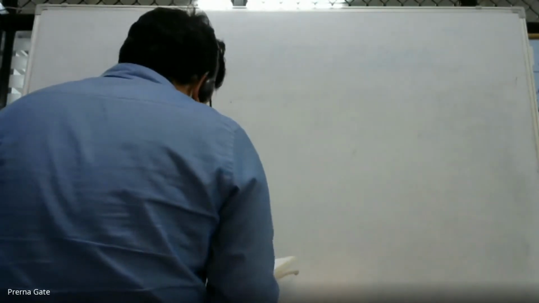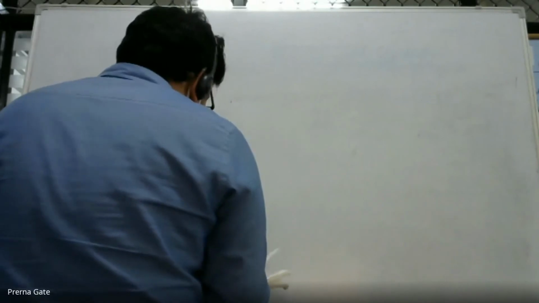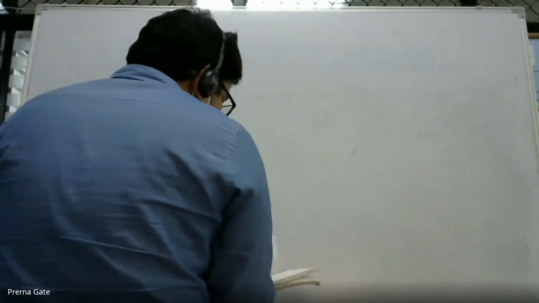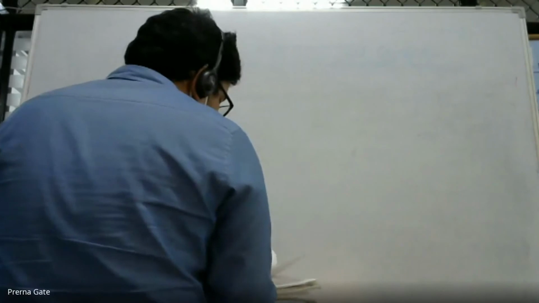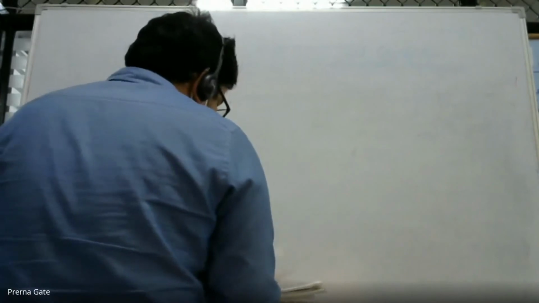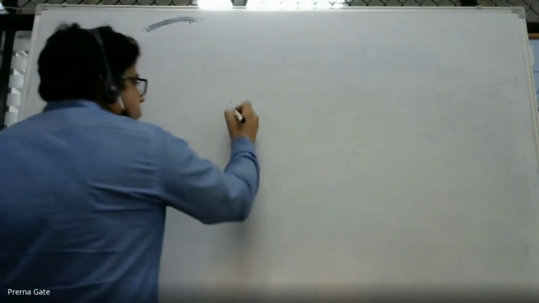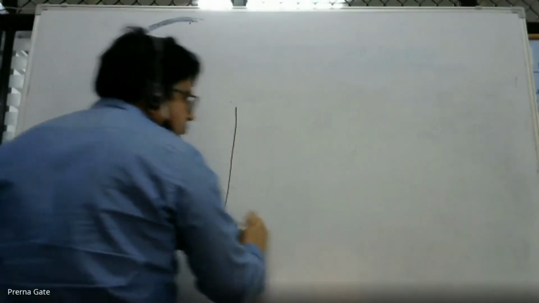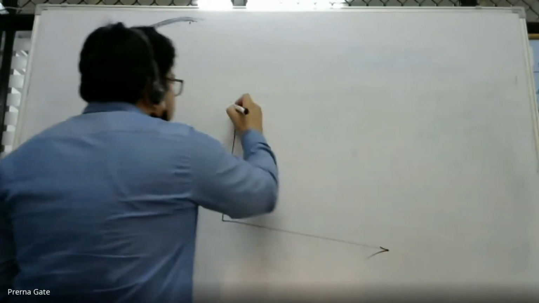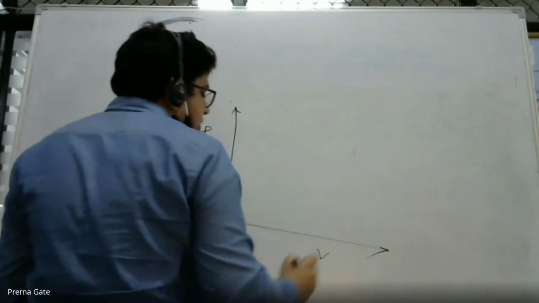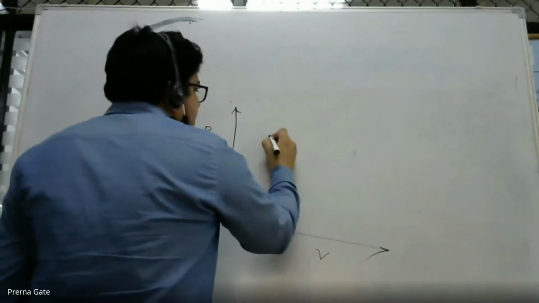So I am representing all the processes on this PV diagram having the same initial state.